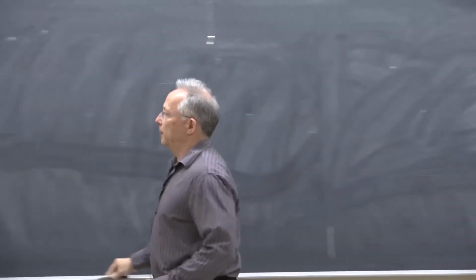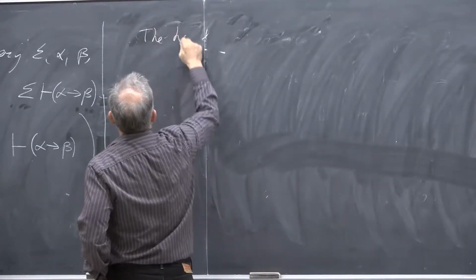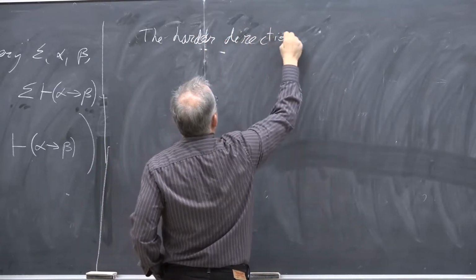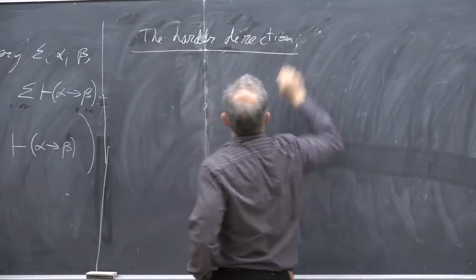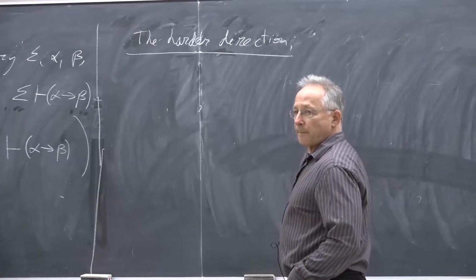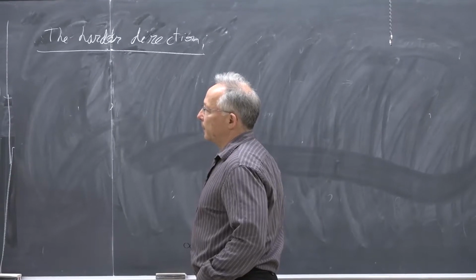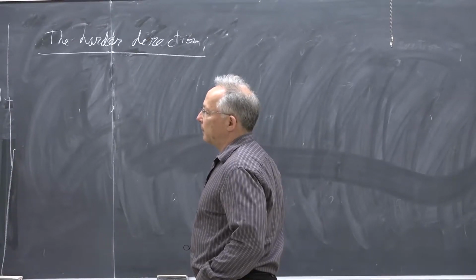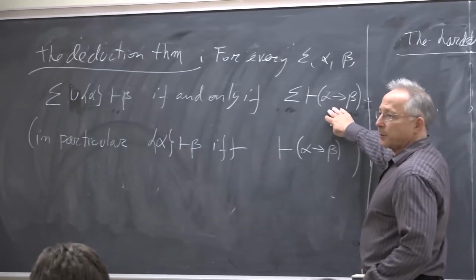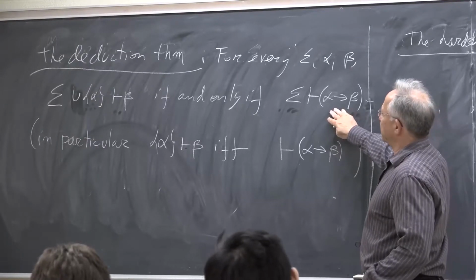Okay, so now let's do the more difficult direction, the harder direction. What do we need to show? We need to show that if sigma can prove alpha arrows beta, which direction am I?